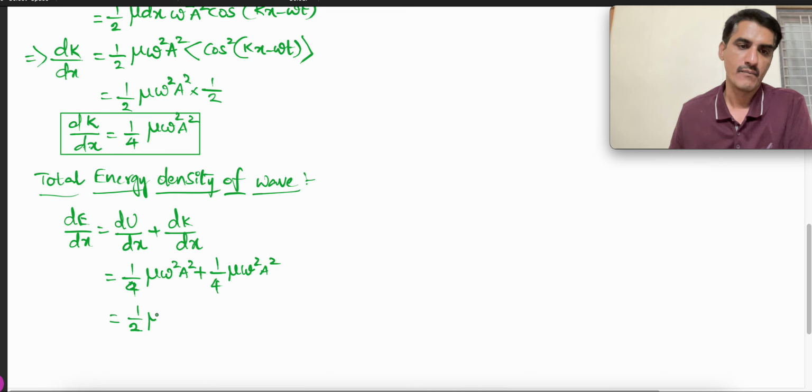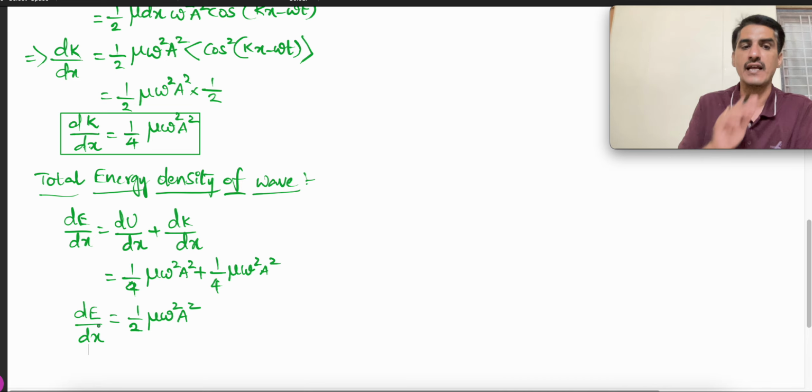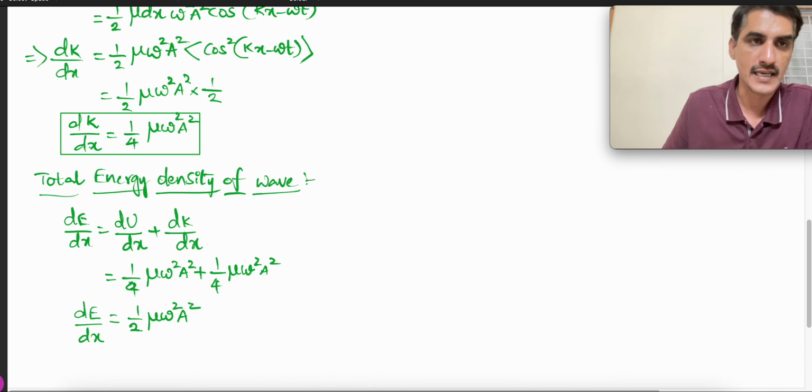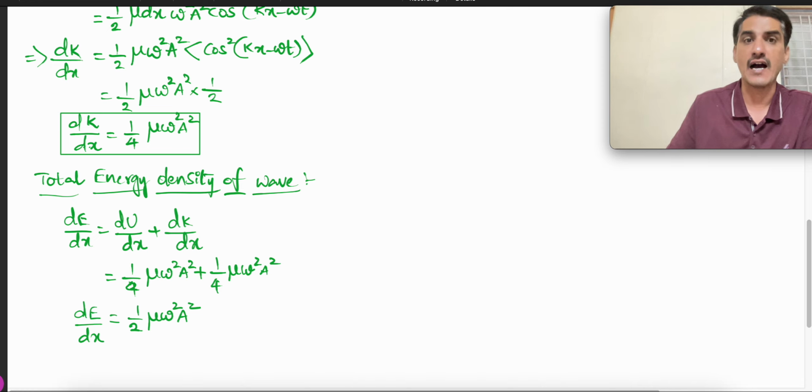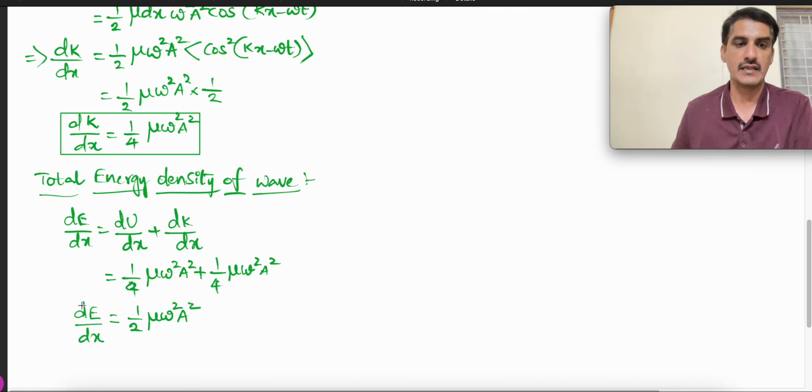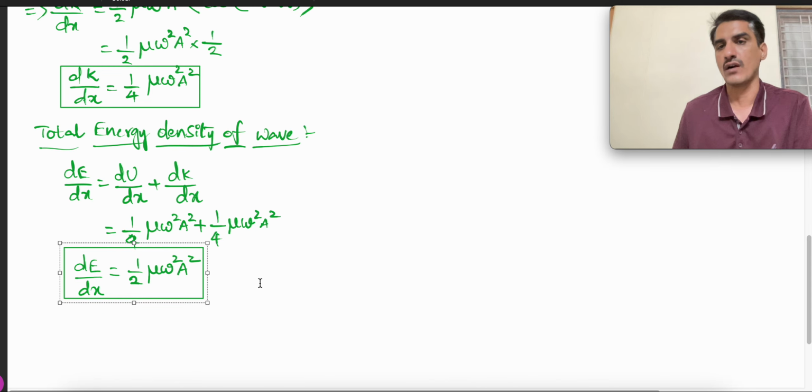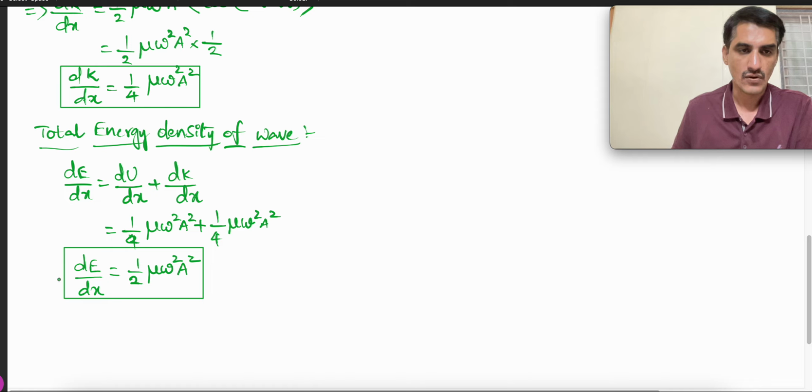Half mu omega square a square. This is dE by dx. This is the total energy density. You need to remember it. dE by dx is half mu omega square a square, whereas for kinetic energy or potential energy we are going to get 1 by 4, not half.